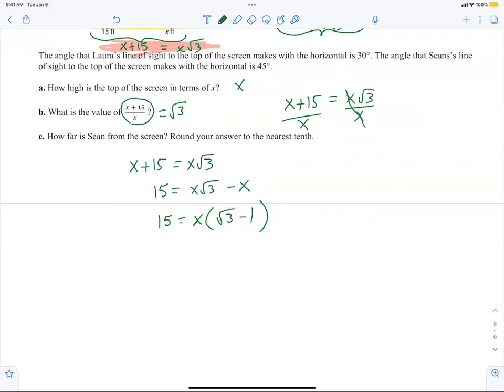And so now somebody tell me, what does x actually equal? I'm isolating the x. Thank you. 15 over radical 3 minus 1. And that's your answer. That's what x equals.